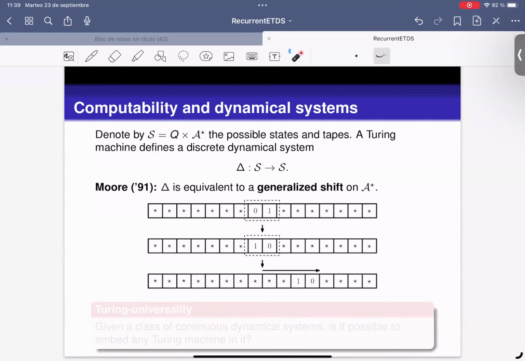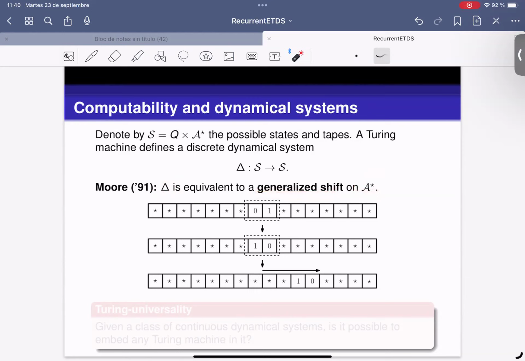So it's a generalized shift because it can move more than once, and it substitutes many symbols at the same time. And Moore actually proved that this thing is equivalent to a generalized shift on the set of possible strings of symbols.